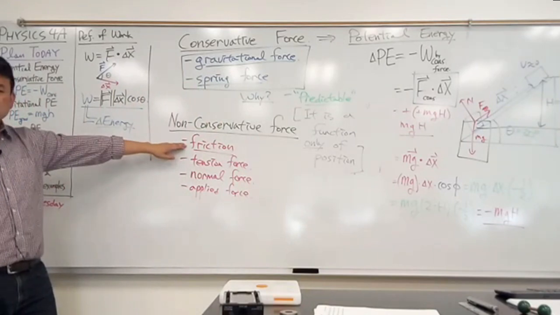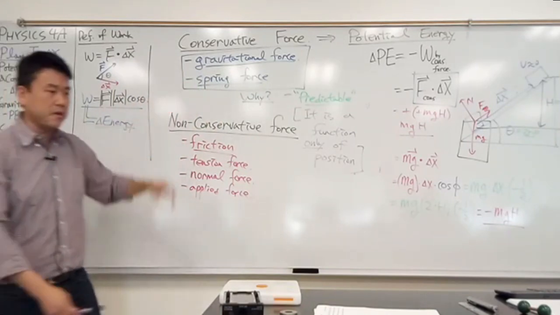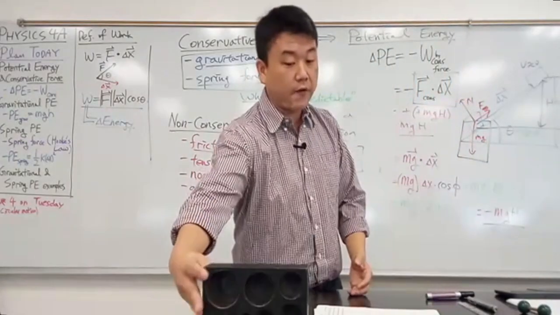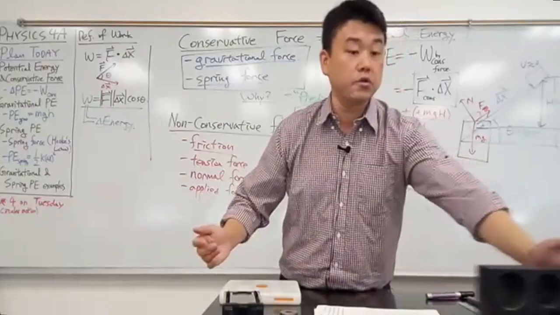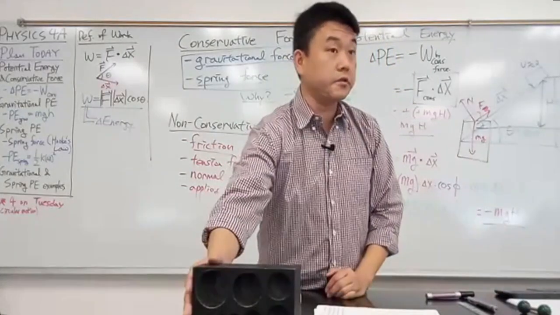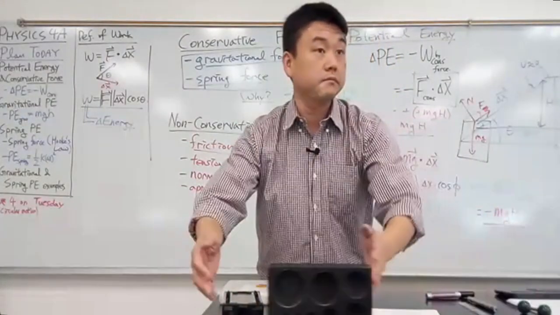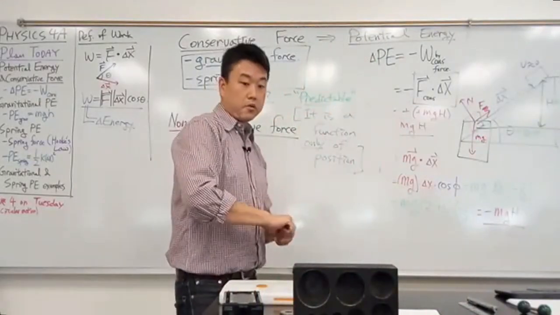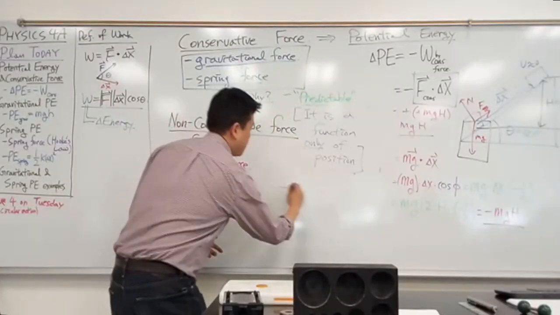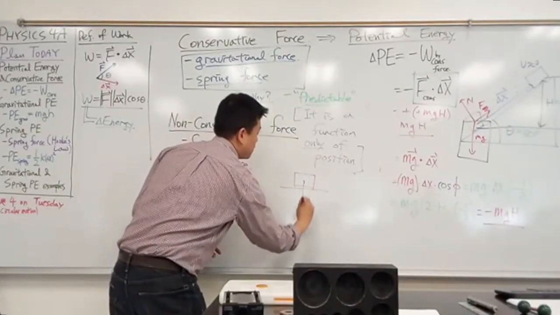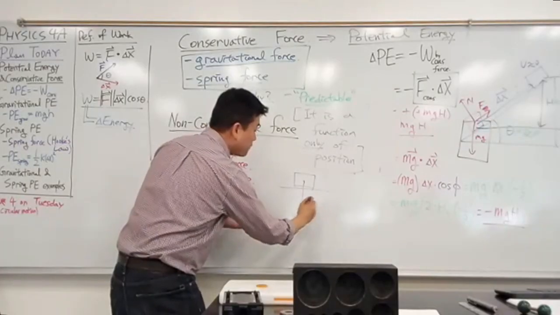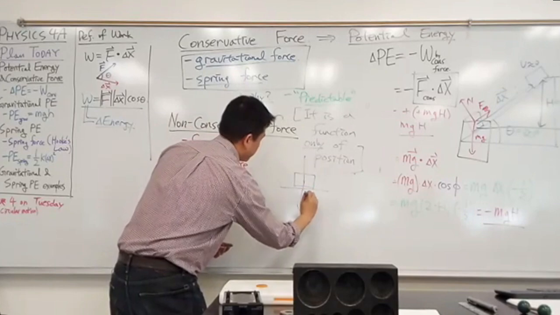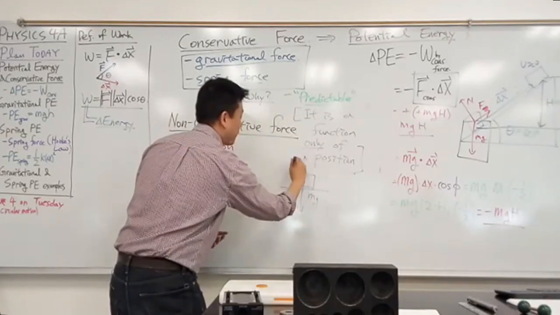Friction, what is it a function of other than position? Let's think about kinetic friction. What else does it depend on? So, okay, it depends on normal force. But when you look at this situation here, the block is here, there's friction, and downward is gravity, mg, thank you, and normal force.